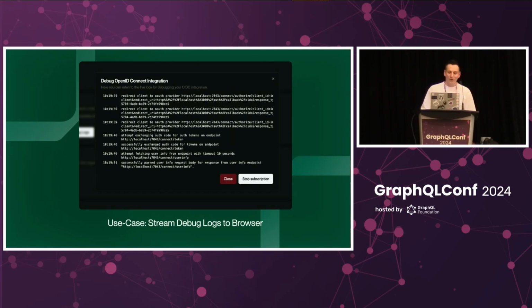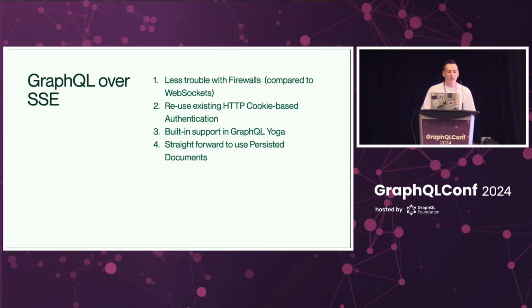For this, we decided to go with GraphQL over SSE, first of all, because WebSockets are more prone to being blocked by firewalls. Then also, we were already using HTTP cookie-based authentication. We could reuse this without having to do anything big on the client. And then also, it's a bit of a shameless self-plug, we maintain GraphQL Yoga, and we've been using it. It supports SSE out of the box, so it was easier to use.